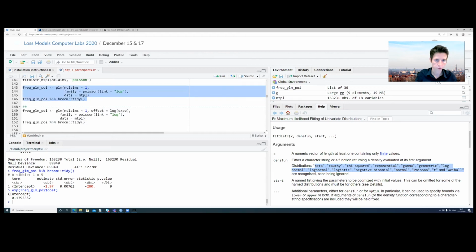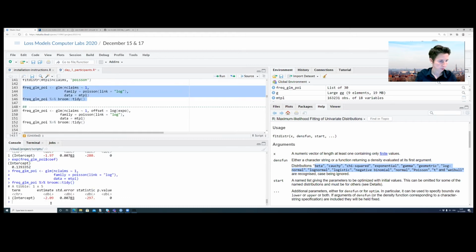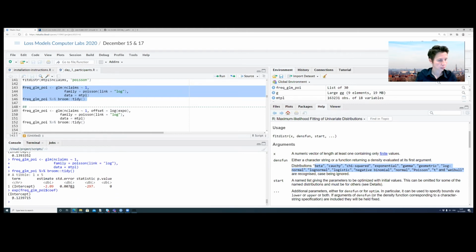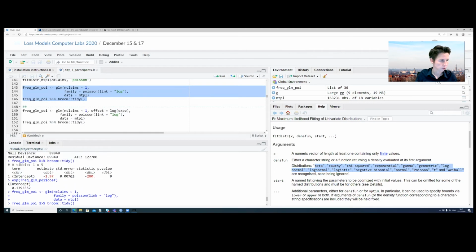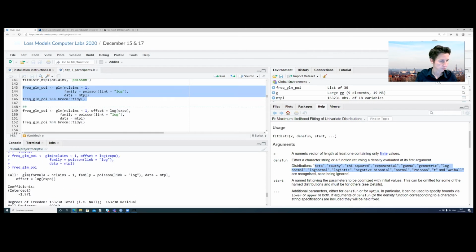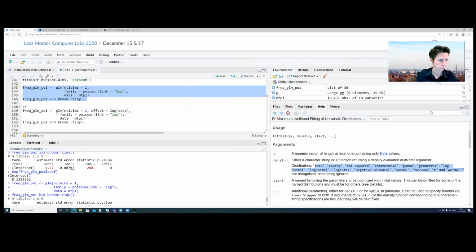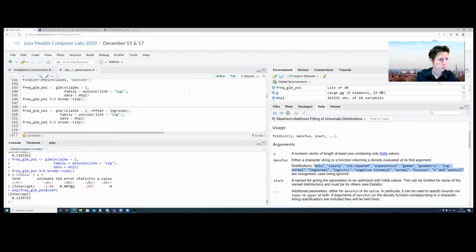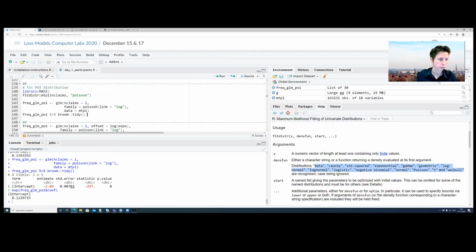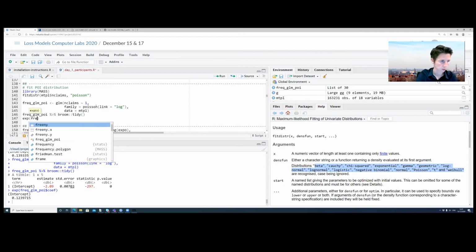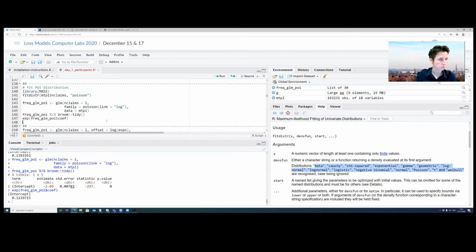Then I get the following results. And if I then take the exponential, I get the 0.12, which I also had before with my fit distribution. So this would be a continuation of the naive approach.